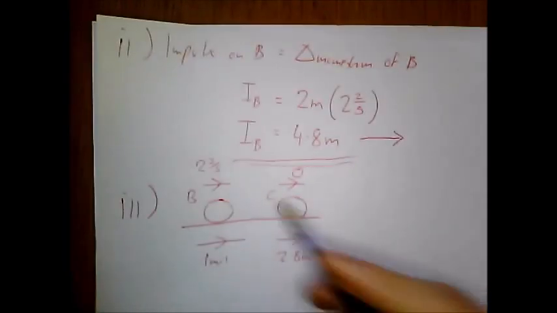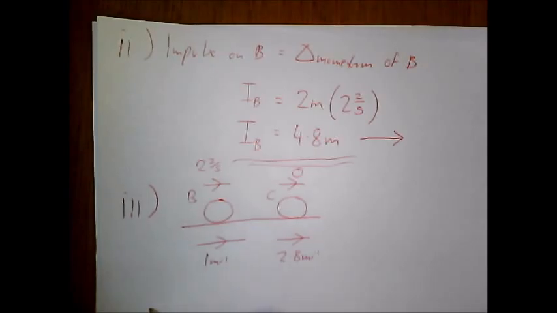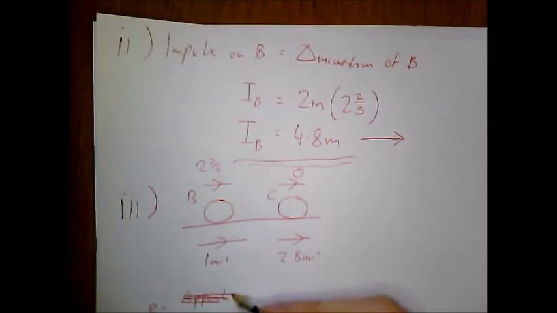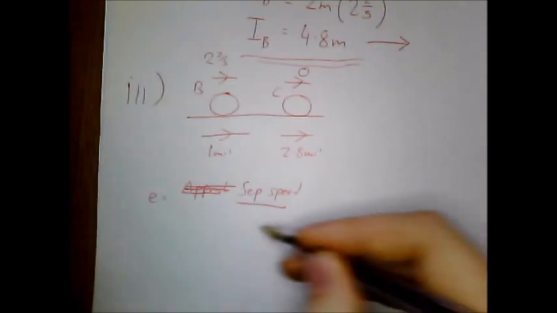Now we need the coefficient of restitution from this. We know that E equals the separation speed divided by the approach speed.